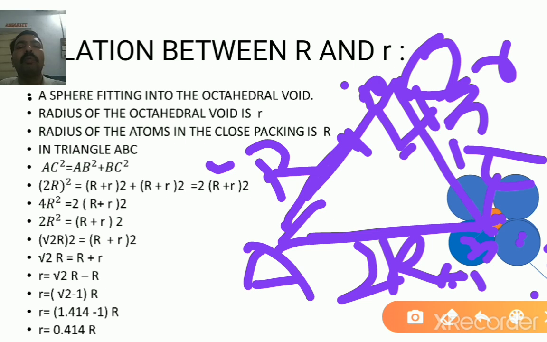Removing the square on both sides, root 2 R is equal to capital R plus small r, and small r is equal to root 2 R minus R. Taking the common R out, r is equal to (root 2 minus 1) R. The value of root 2 is 1.414, so r is equal to (1.414 minus 1) into capital R, and small r is equal to 0.414 capital R. Small r is the radius of the octahedral void and capital R is the radius of the atom in the close packing arrangement.